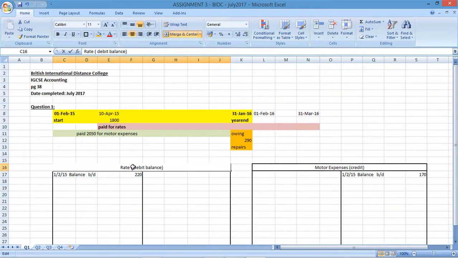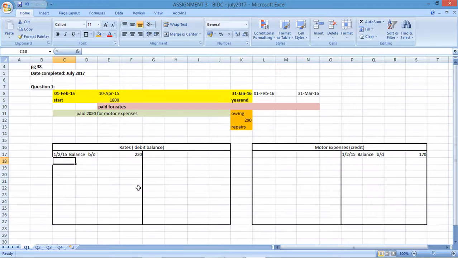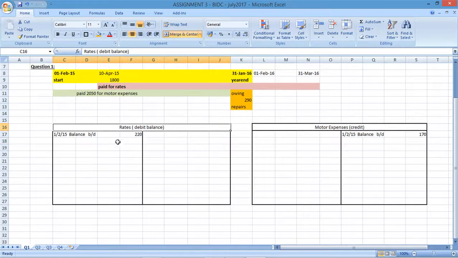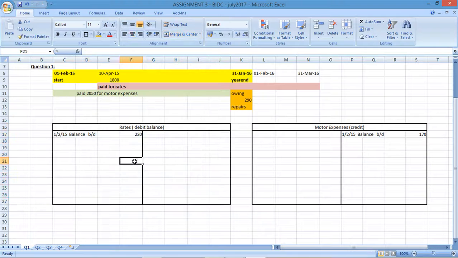So rates, which is here, the rates here were paid. So if the rates were paid, we need to show that. This is the rates account, it's a debit, so the rates account would be seen as an expense unless this is the rates receivable account, which they didn't mention here because we would create a separate T account for it. So I'm going to show this rates account as an expense that we have in this particular book.